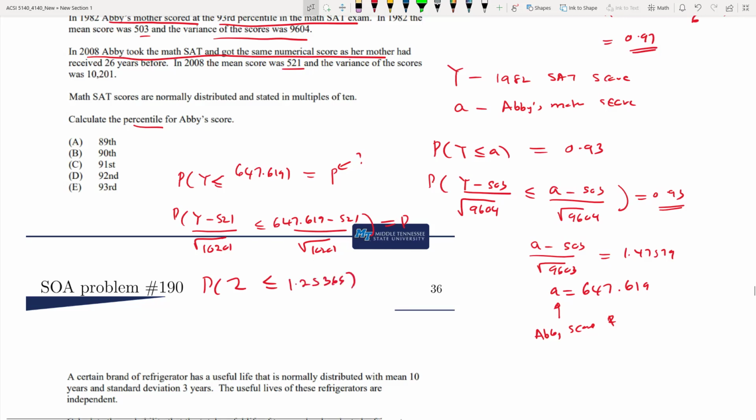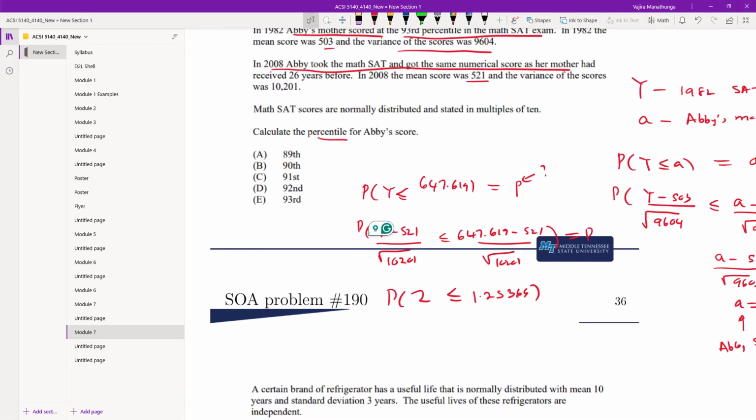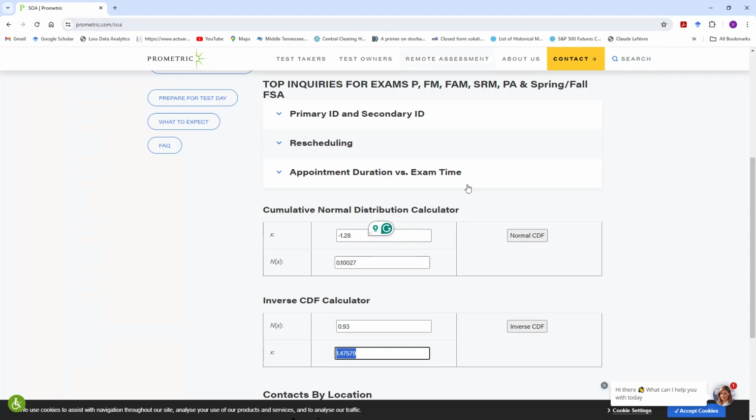And then if I use my calculator, we have x equals 1.2536, and the probability is 0.89506.